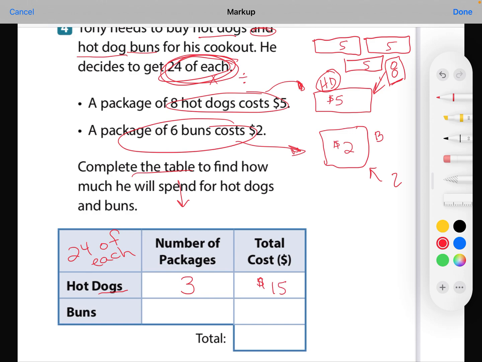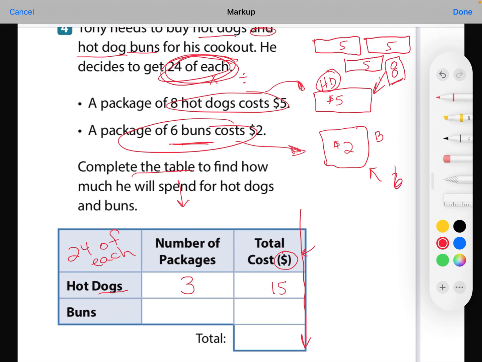Okay. I put the dollar sign. I'm actually going to erase it because they have it in the heading, so I don't need it because the heading takes care of the labeling for the whole column. Buns. So I need 24 buns, and buns come 6 buns.